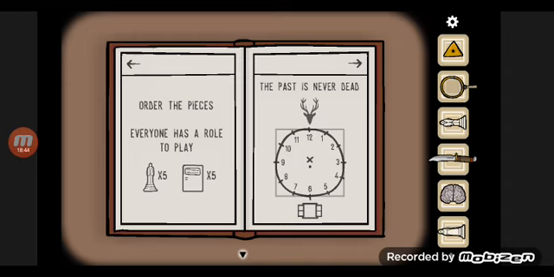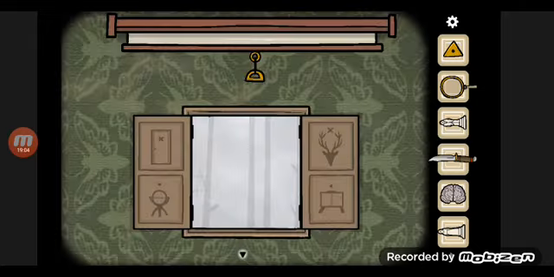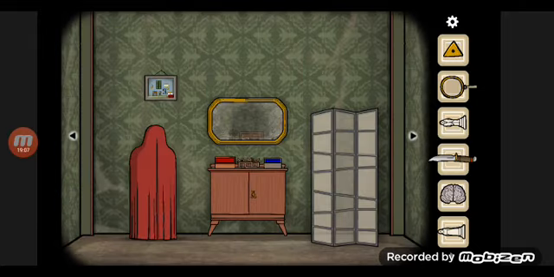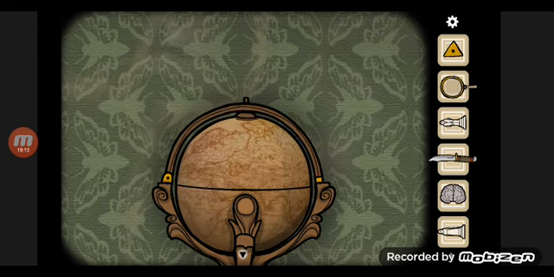If the deer's head corresponds to 12 o'clock, then it is logical to assume that the globe on the left will correspond to 11 o'clock.